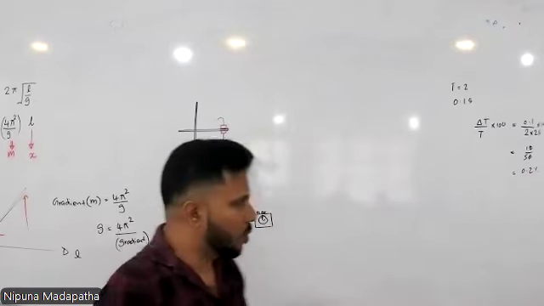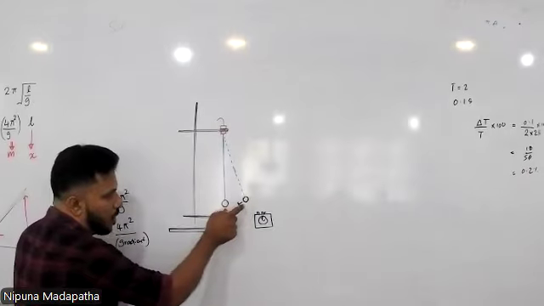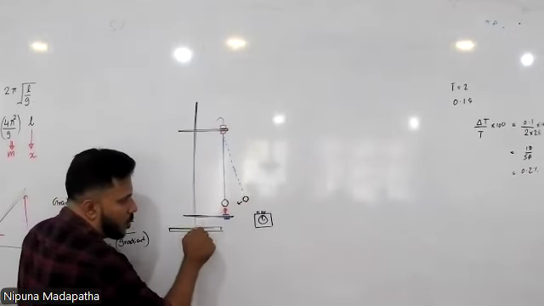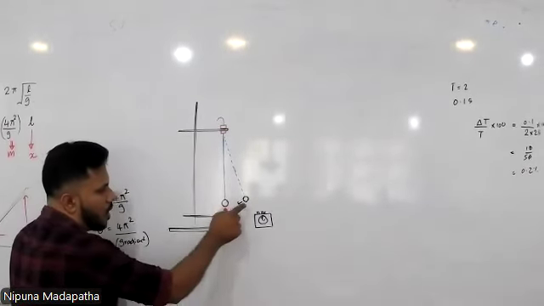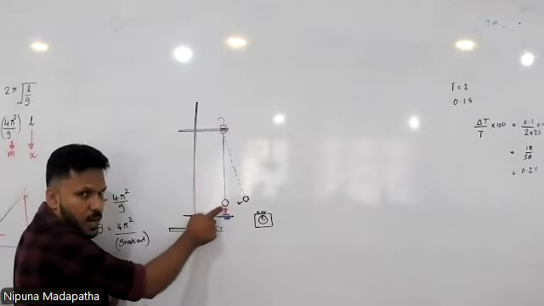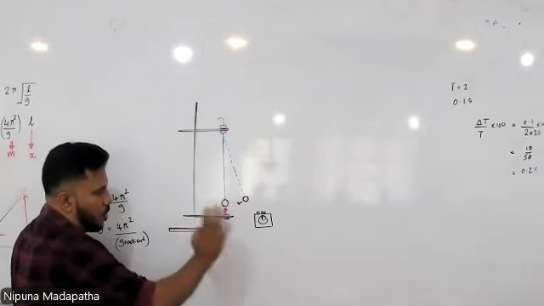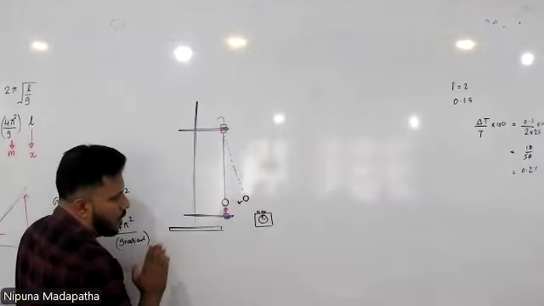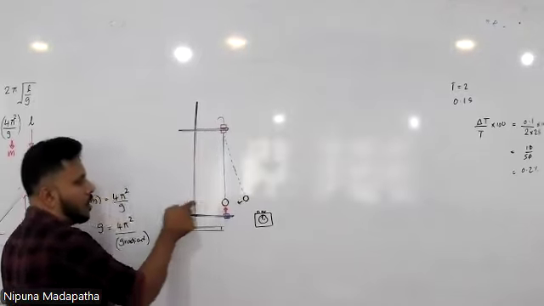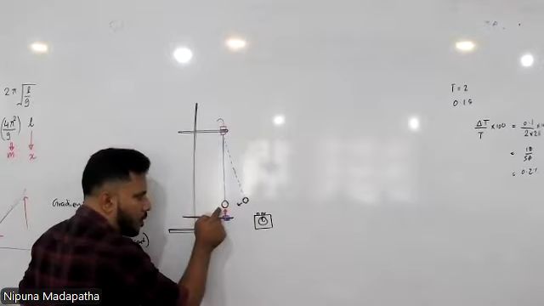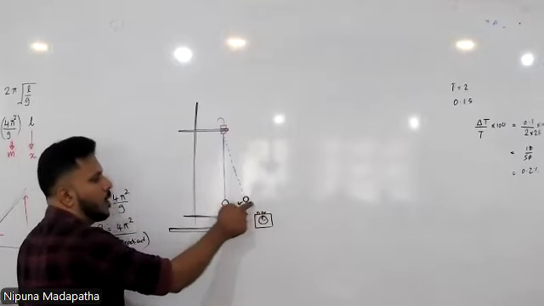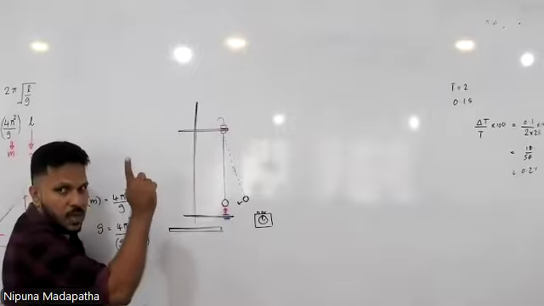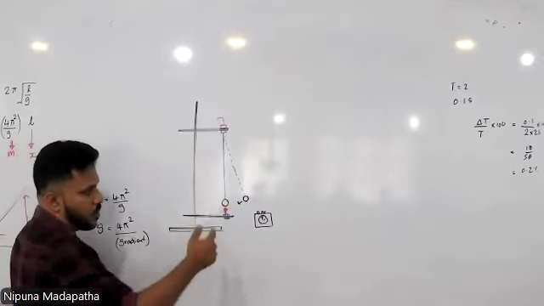So when you let the bob move, the first time it passes the reference pin, we are not going to touch the stop clock right now. It passes the reference pin for the first time, and then for the second time.